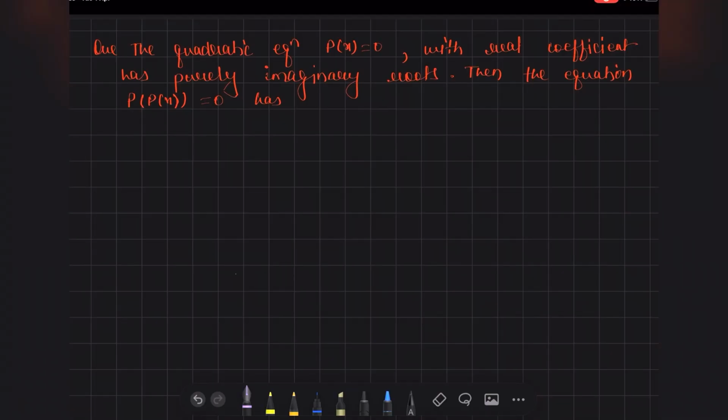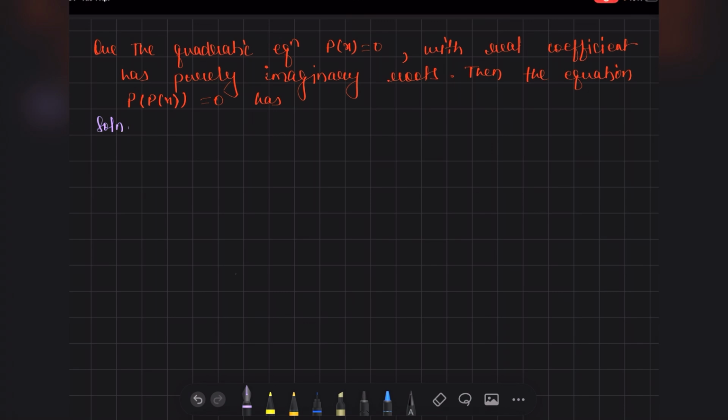So look at this question. We have a quadratic equation p of x with real coefficients. They are saying that this quadratic equation has a purely imaginary root.